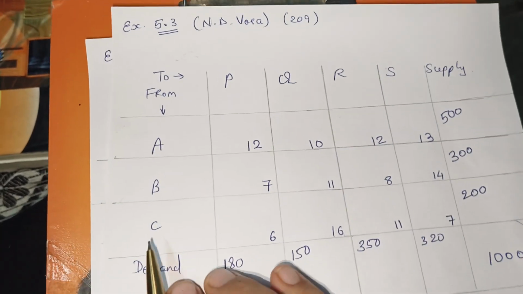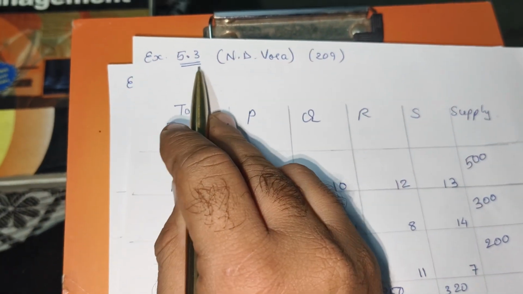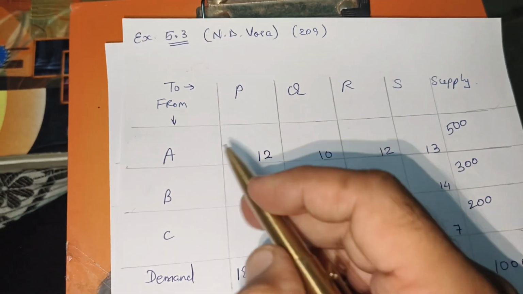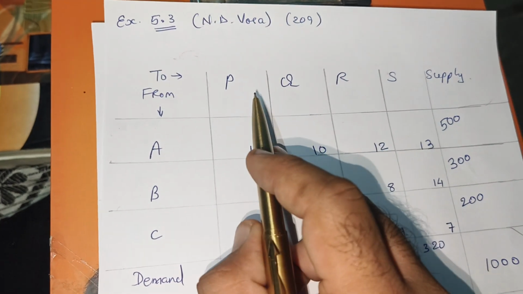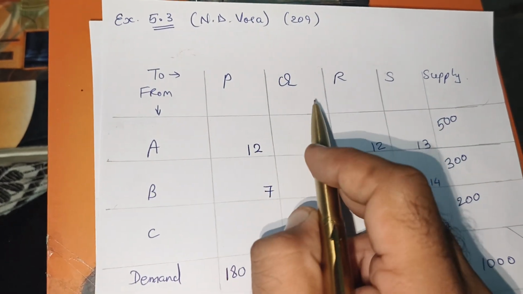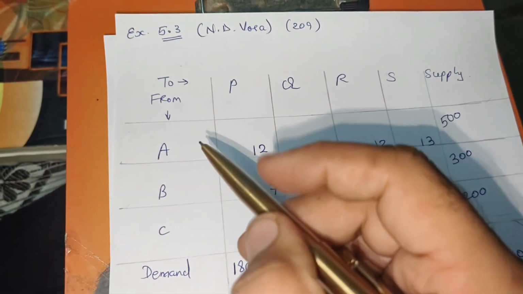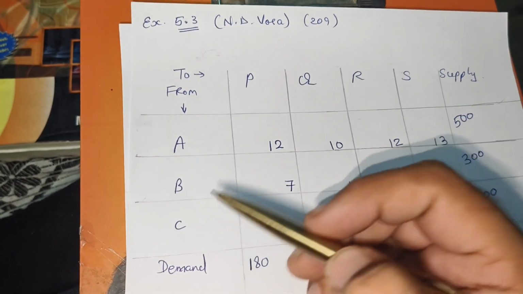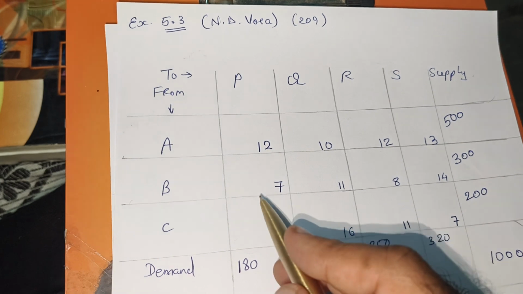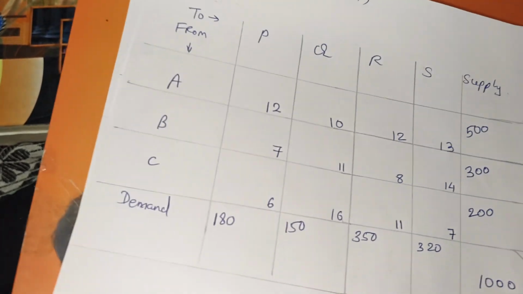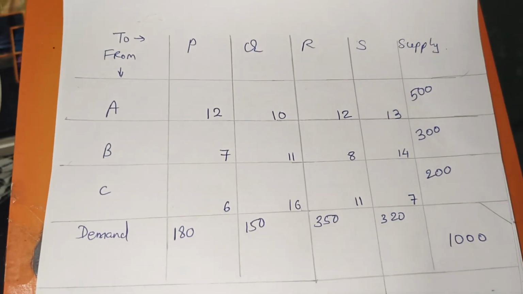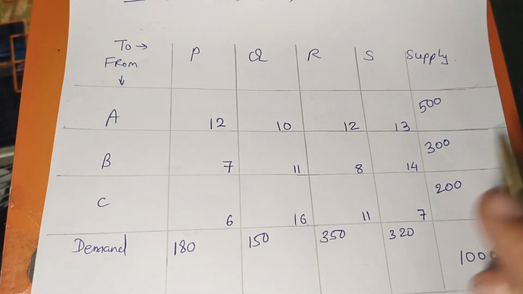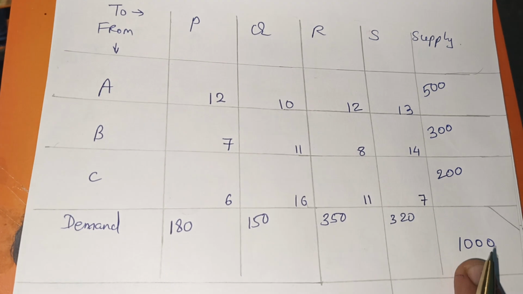This example is taken from Andy Vora, page number 9. Here, you just see, these are our supply side, P, Q, R and S, and these are our demand side, that is A, B, C. These are all our costs. So always remember the first step to check: you have to check the total of supply and demand. In this case, obviously it is a balanced transportation model.